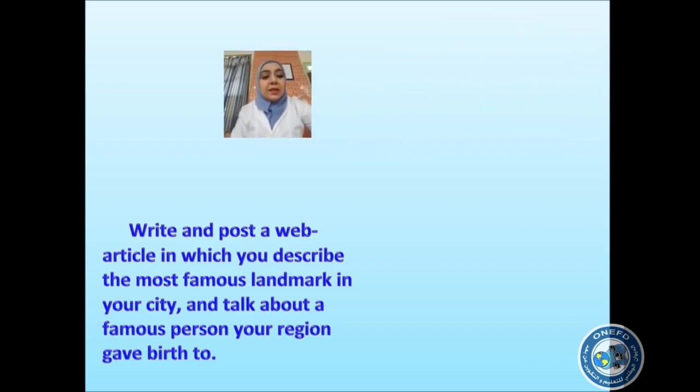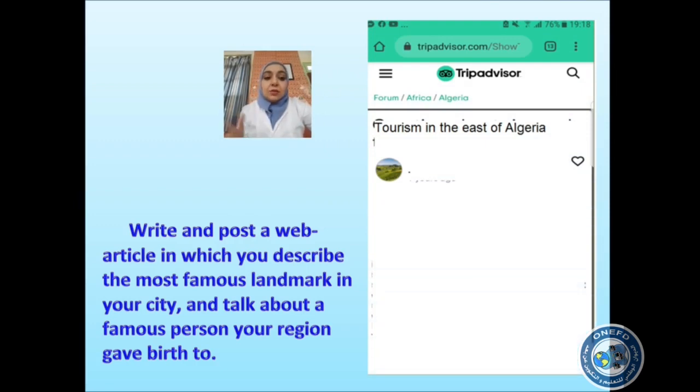This is what you should be able to do. You should be able to post something on Facebook, on YouTube, on Instagram about Algeria to promote tourism in your region, whether east, west, north or south. Write about your region, the famous people and the famous landmarks in your region.